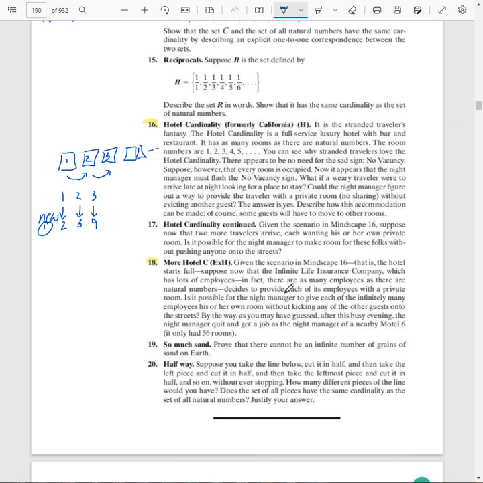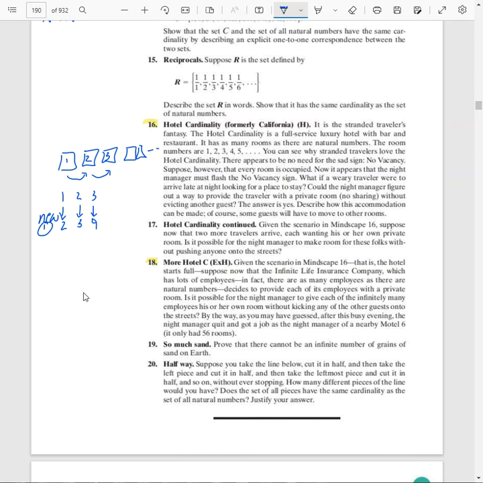So here we are, given the scenario Mindscape 16, the one we just talked about. The Infinite Life Insurance Company has lots of employees, as many as there are natural numbers, and everybody gets a private room. But the hotel's already full. But can we add an infinity into our infinity without kicking anybody out? Absolutely.